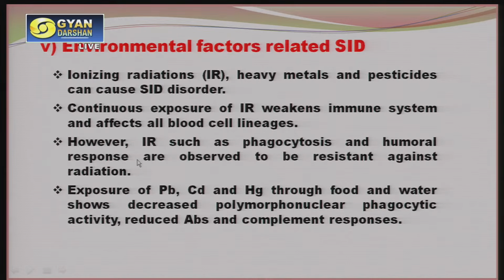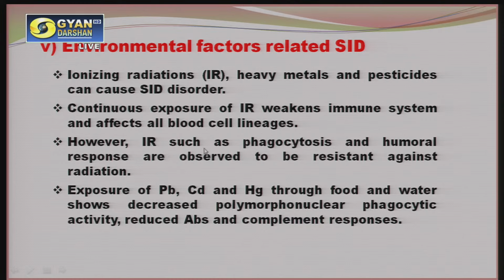And the fourth one is the environmental factor. Various environmental factors, like ionizing radiation, heavy metals and pesticides, can cause secondary immunodeficiency disorder. Continuous exposure to ionizing radiation weakens the immune system and affects all blood cell lineages.